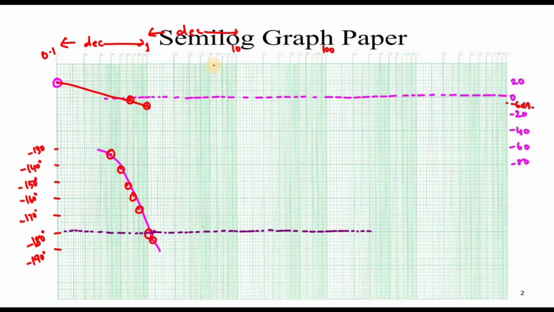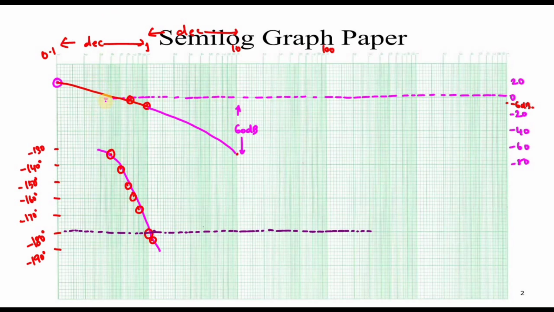So from minus 6 you have to draw to minus 66. The minus 66 is somewhere around here, so you draw that, because the change is 60 dB, right? From here to here is 60 dB, since minus 6 to minus 66 is 60 dB.